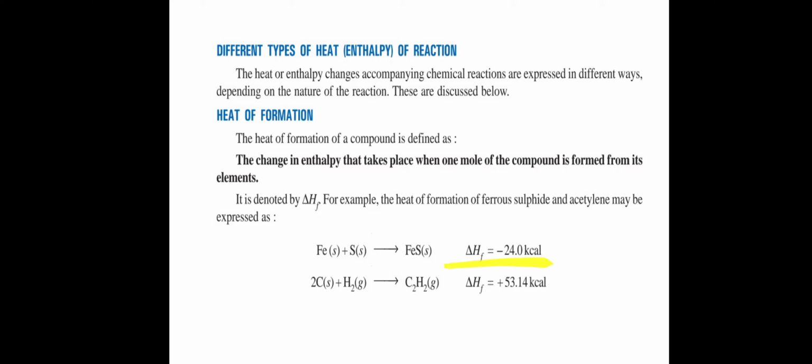So what does it suggest? There is a negative sign, therefore heat is evolved in this reaction. And how much heat is evolved? 24.0 kilocalorie. So in this reaction, delta HF is equal to minus 24.0 kilocalorie.